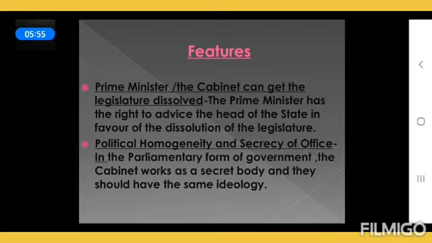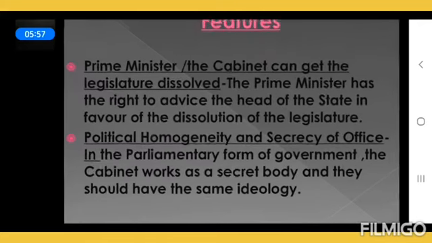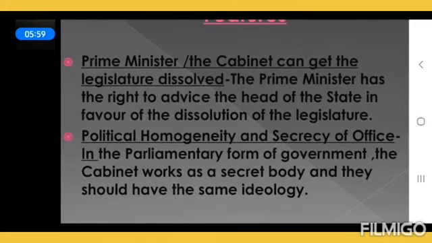That means the prime minister, or the cabinet, can get the legislature dissolved. So the prime minister has the right to advise the head of the state in favor of the dissolution of the legislature. Okay students, this can also be done. We can also say that the cabinet, and in actual practice the prime minister, has the right to advise the head of the state in favor of the dissolution of the legislature.